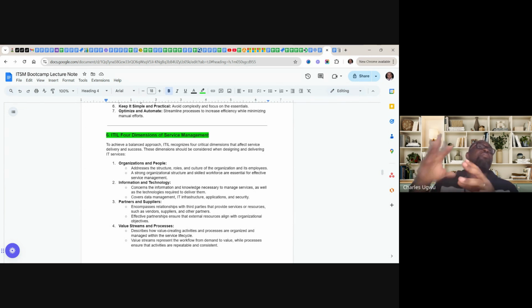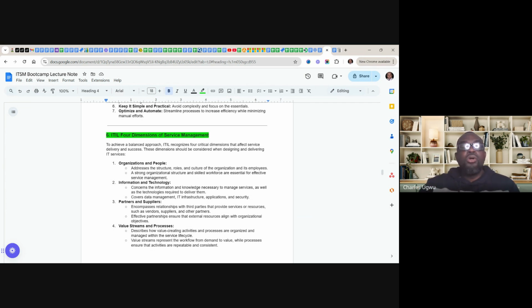You can use it in manufacturing. You can even use it in hospital management. You can use it in hotel management. Anywhere there is business, services, value creation, service delivery, you can use it. That is why we are using it equally in IT service. So it's not only within IT services, it's service delivery.